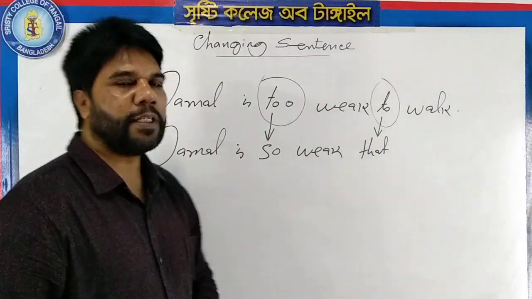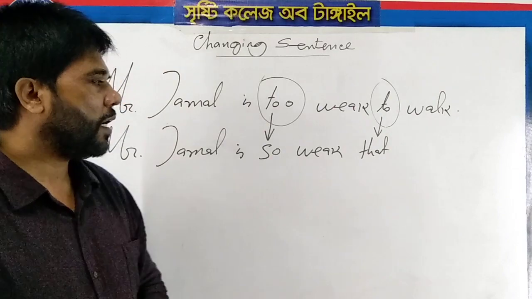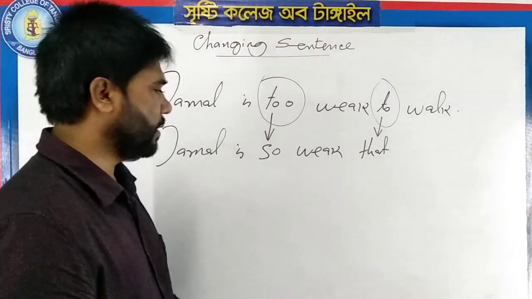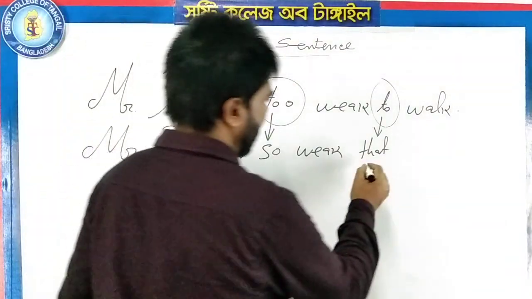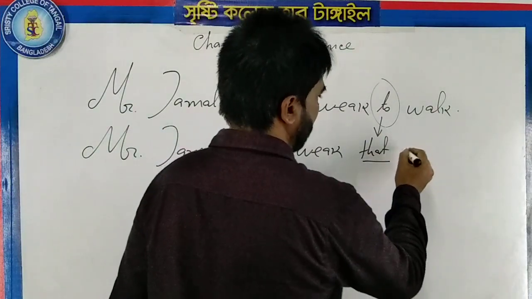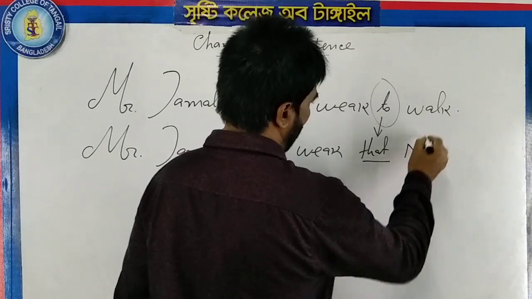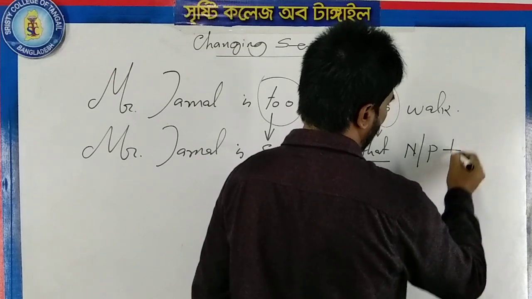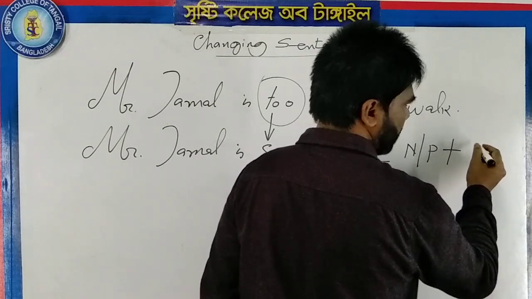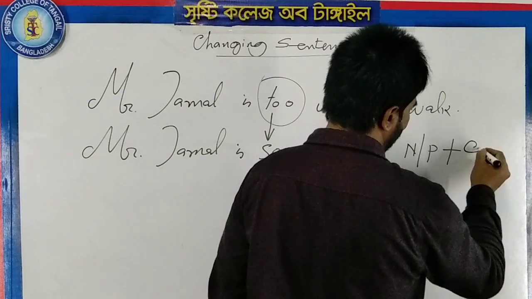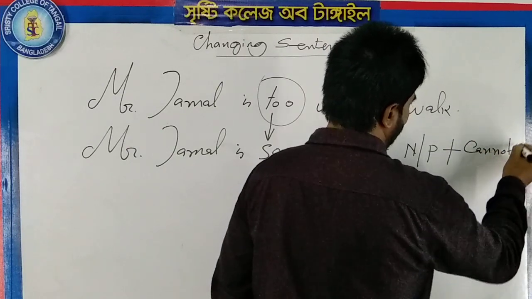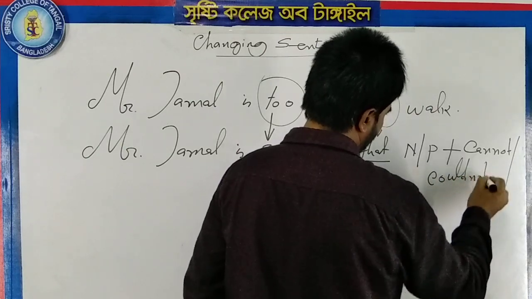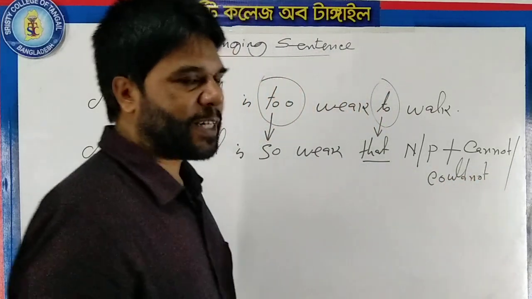Here I will give you extra information about the complex sentence which will be built. After that, we have to use a noun or pronoun, and after the noun or pronoun, we have to use an extra modal verb in negative form, cannot or could not. My students, follow me.